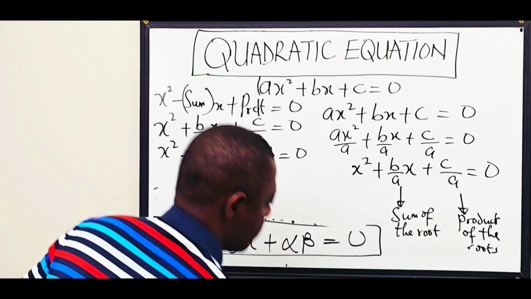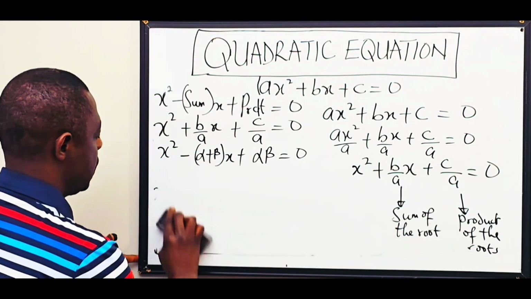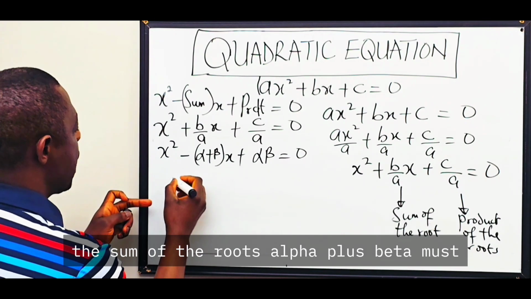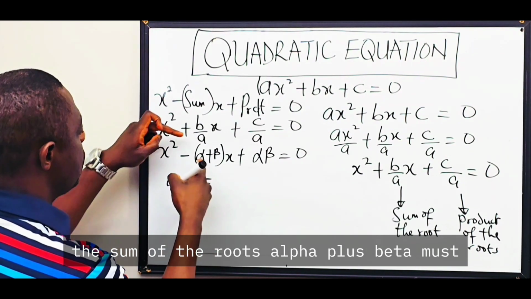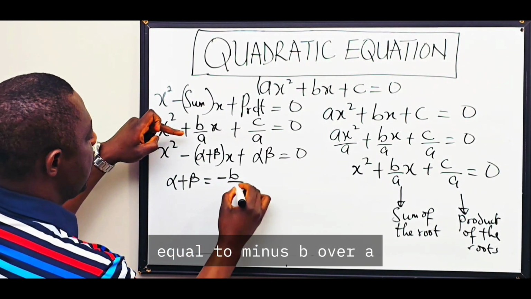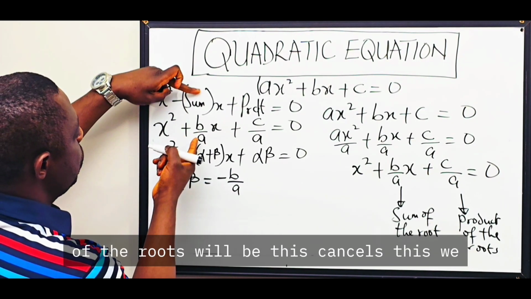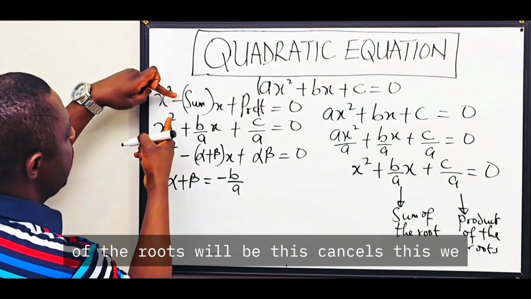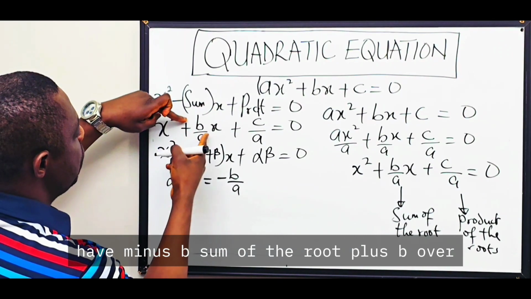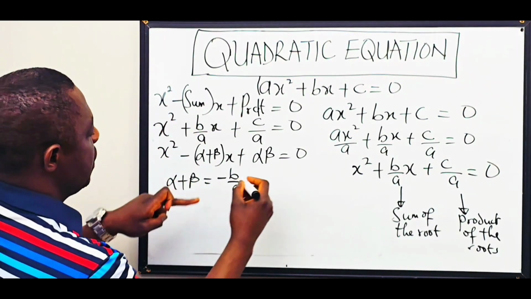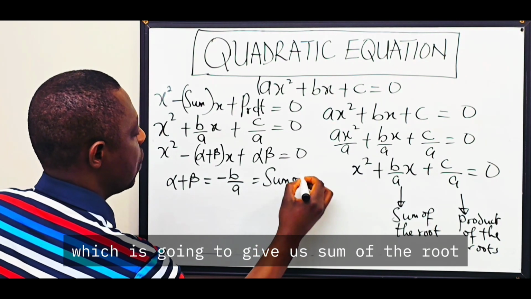So this is the third one. It shows that the sum of the roots, alpha plus beta, must equal minus b over a, because if you want to get b over a here, the sum of the roots will be minus b over a x. So x cancels x, and we are left with minus b over a, which is going to give us the sum of the roots.